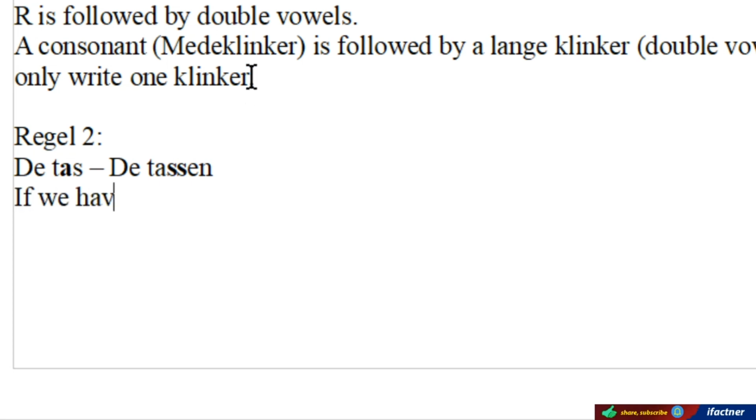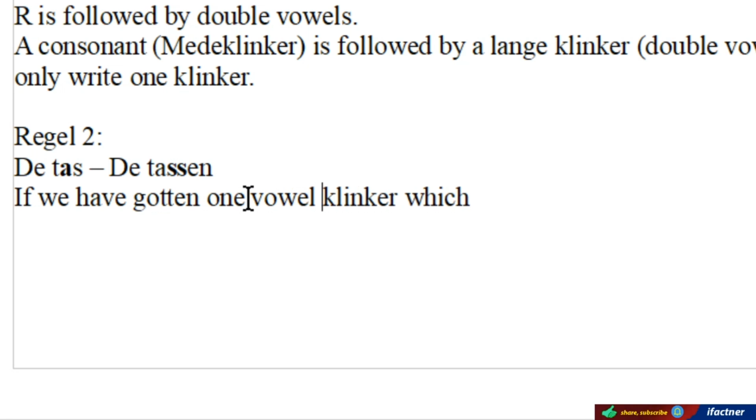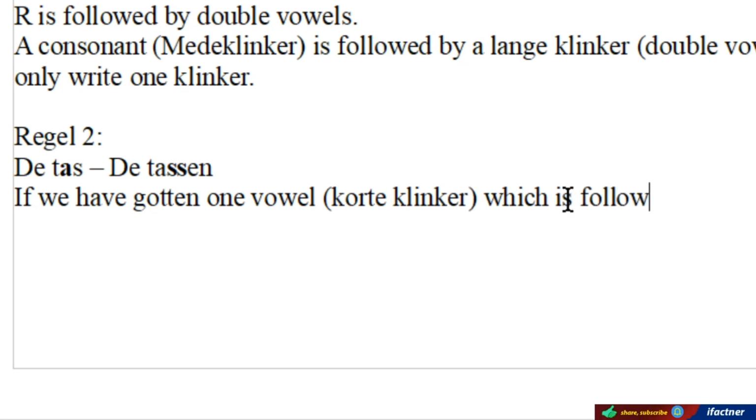So the rule is, if we have one klinker, which is called a short klinker, one vowel, which is followed by a Medeklinker, then we add another Medeklinker after it.